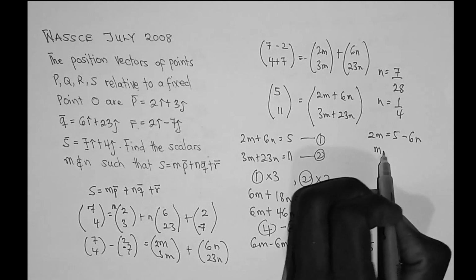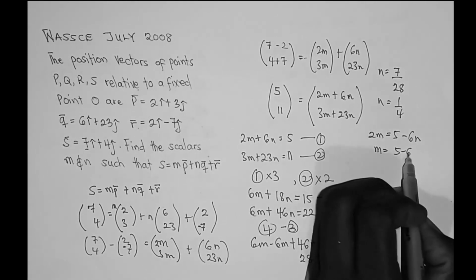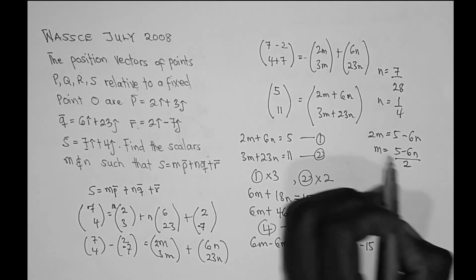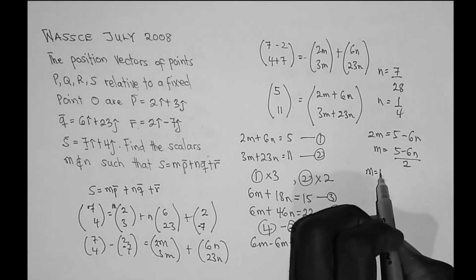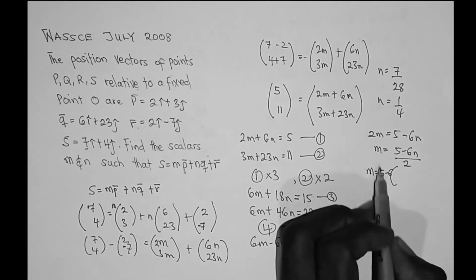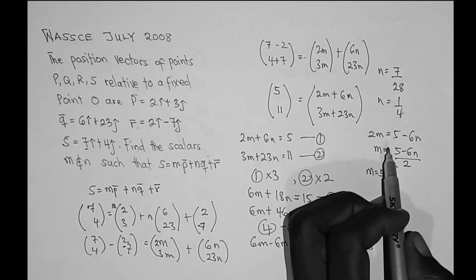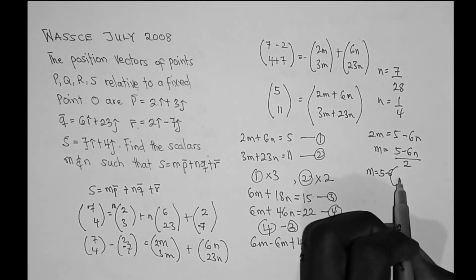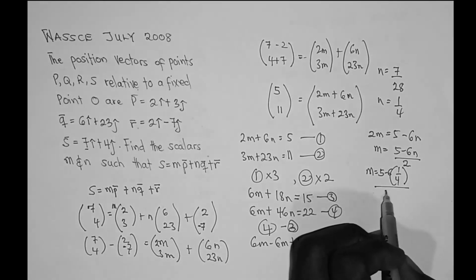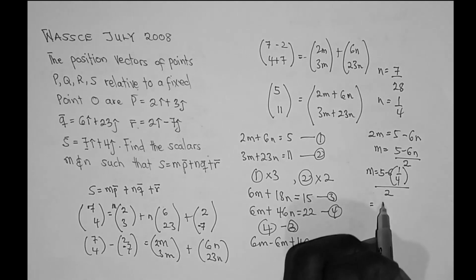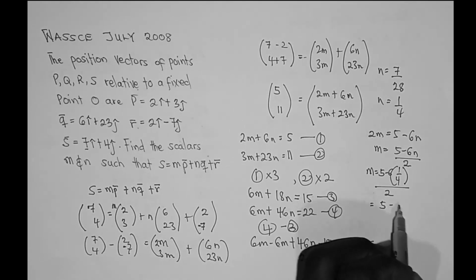So m is equal to 5 minus 6n divided by 2. So m is equal to 5 minus 6 times n. n is 1 over 4. So 1 over 4, divided by 2. So this is equal to 5 minus 6 divided by 4 will become 3 over 2.